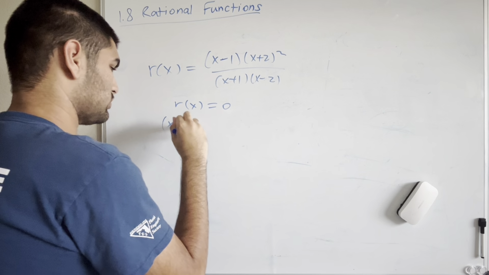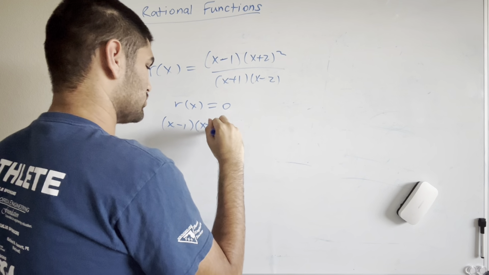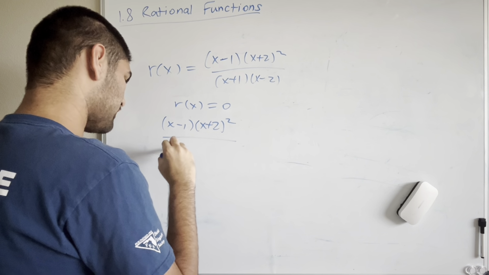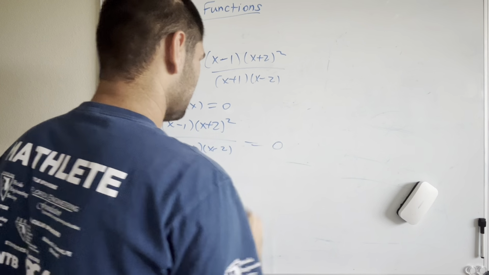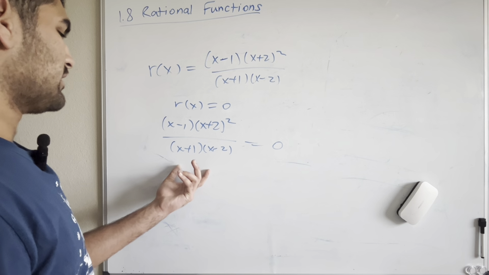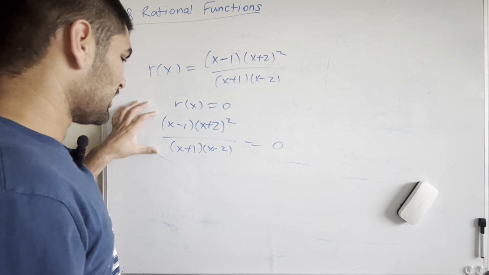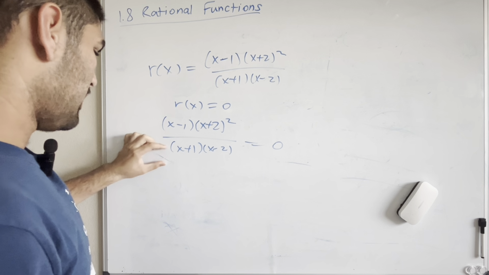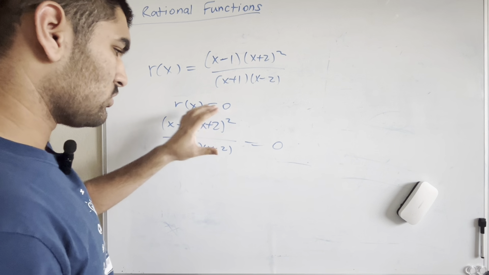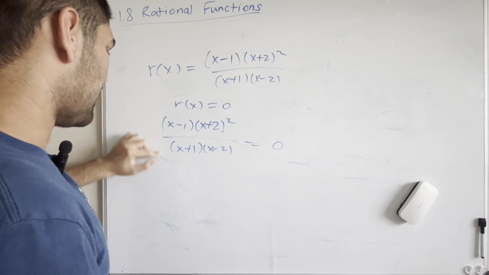So we get x minus 1 times x plus 2 squared over x plus 1 times x minus 2 equals 0. And now notice that the only way this thing can equal 0 is if the numerator is equal to 0, right? Because if the denominator is equal to 0, that's not going to make the whole thing 0. In fact, that's going to make this undefined, right?